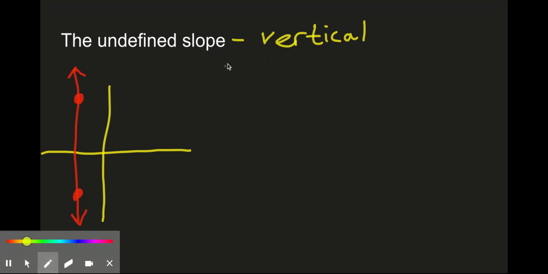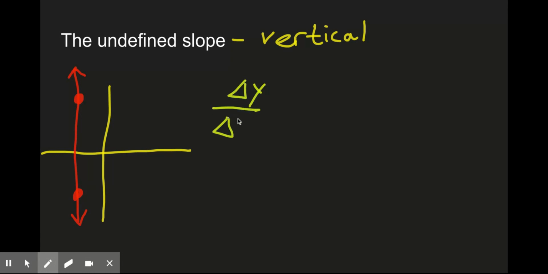If I'm just moving up or down, then when I calculate the change in y over change in x, I might be constantly changing in my y, so I'll be able to calculate it, but my change in x is 0 because I never move left or right. I never go anywhere. And am I allowed to divide by 0 in mathematics? No. So we say that's undefined. It's an undefined slope.